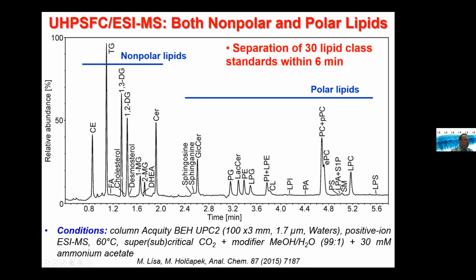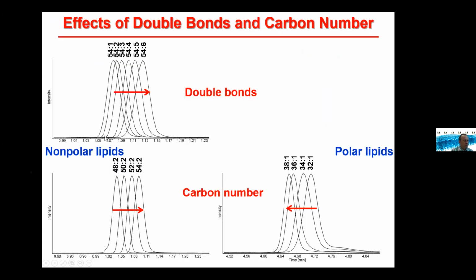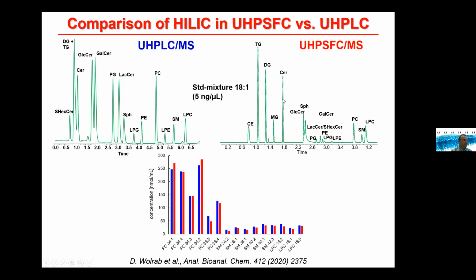In reality, you see them just within one peak. But if you reconstruct individual ion chromatograms, you see the partial separation and the logical retention order as additional confirmation of your identification. In case of carbon number, you also see a logical order for nonpolar lipids, and vice versa for polar lipids, eluting at later retention times under a different chromatographic mechanism. But I'm not going into details of the mechanism here.